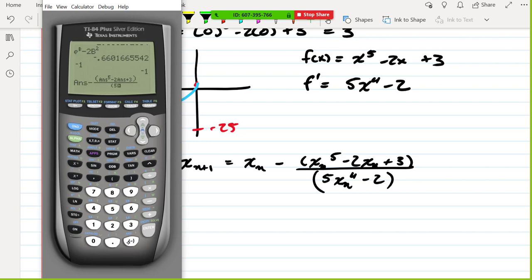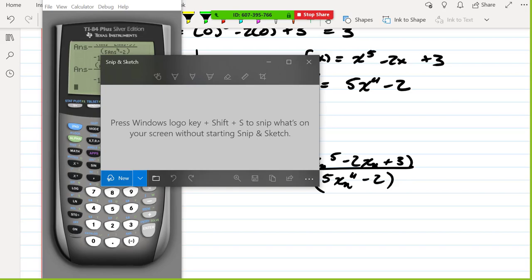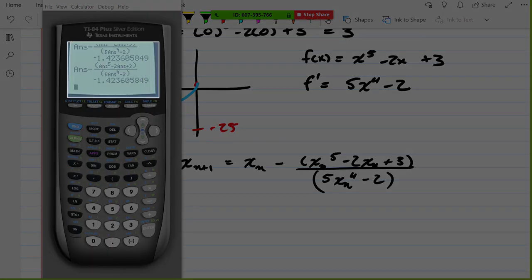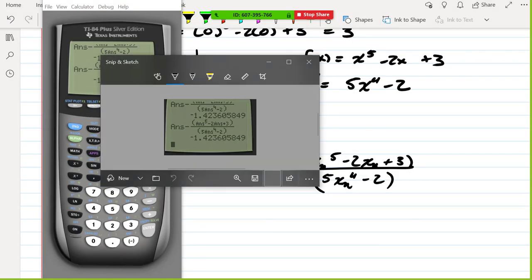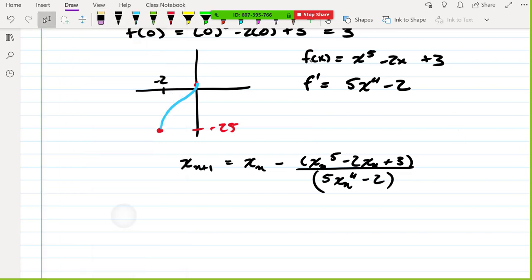So 5 answer to the fourth minus 2. And then I'm just going to press enter until it doesn't change anymore. So there we go, and it seems that then our approximation of that root is given by this value right here.